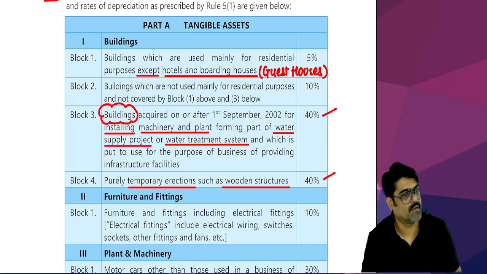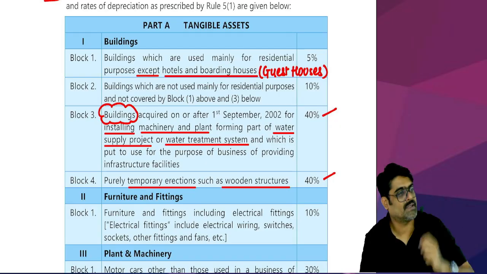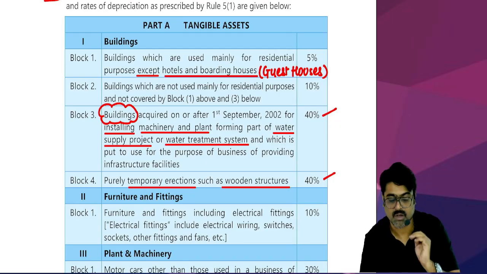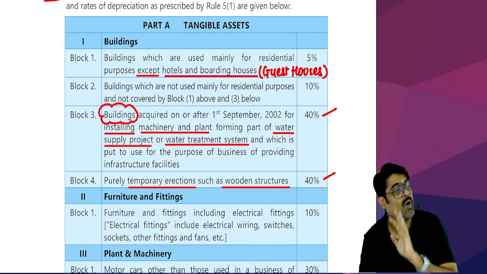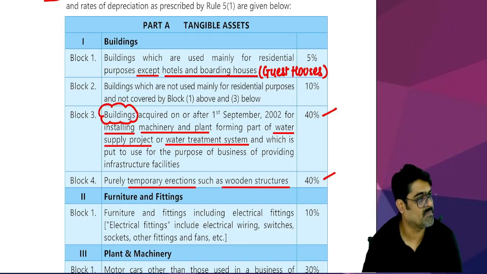Any other building which is not residential in nature, which is not a temporary structure and which is not covered in block number 3, all other buildings will be covered by block number 2, like office premises, factory buildings, godowns, malls, cinema halls, all the buildings which are used in my business or profession, which are not residential in nature, and not covered by block number 3 or block number 4.